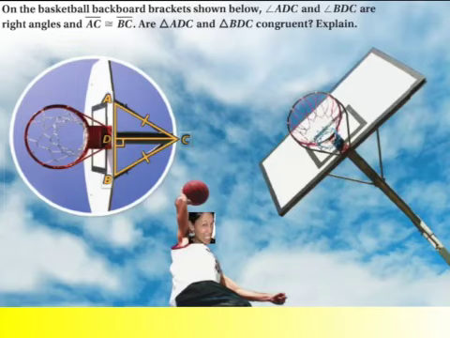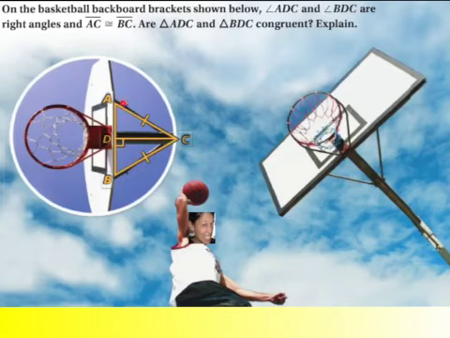So to prove triangles are congruent, we now have 5 different postulates or theorems. We have side, side, side; side, angle, side; angle, side, angle; angle, angle, side; and the HL theorem, or the hypotenuse leg theorem. In the two triangles we have right angles, and we know right angles are congruent.